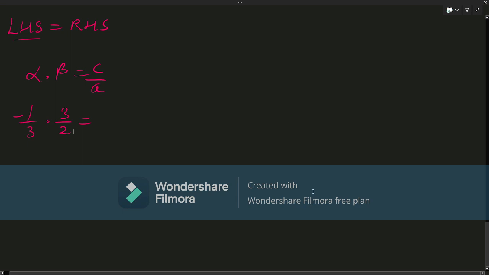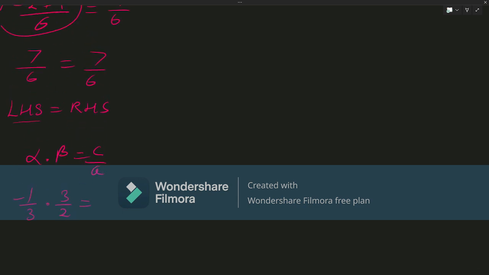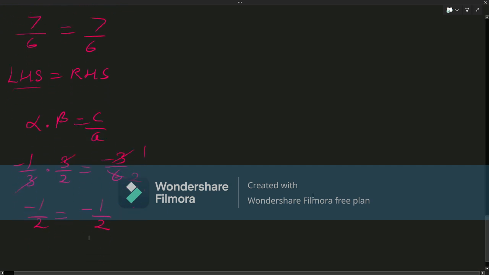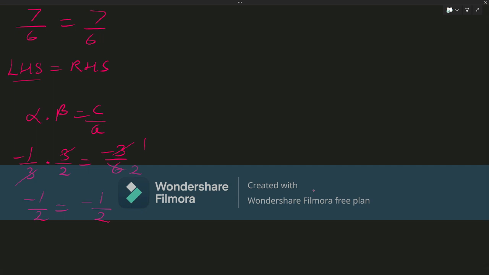Minus 3, minus 3 upon 6. Now if you cancel these two 3s, we will get minus 1 upon 2. And if we simplify this, 3 ones are 3, 3 twos are 6, right? And the minus sign remains, so minus 1 upon 2. Now write again LHS equal to RHS.